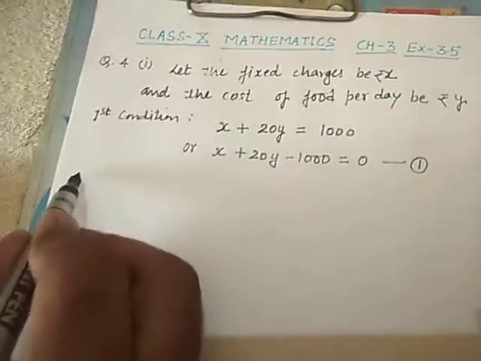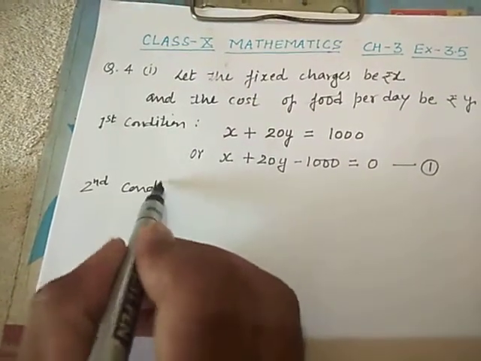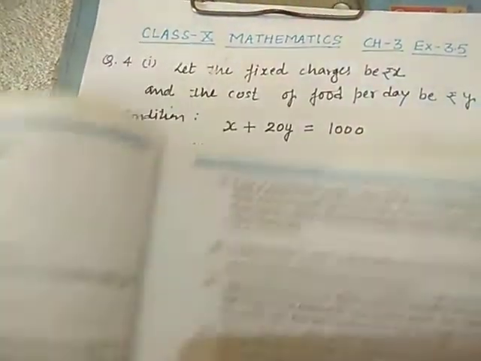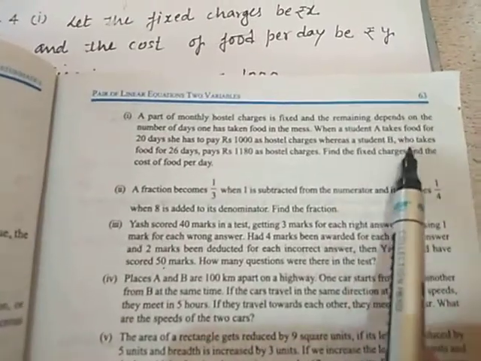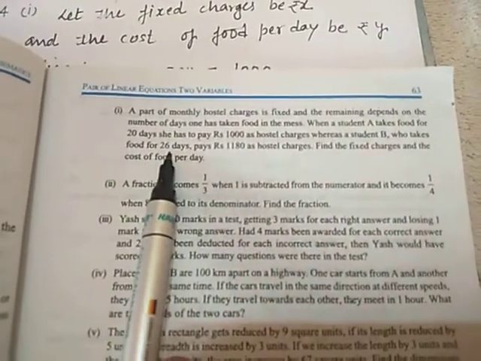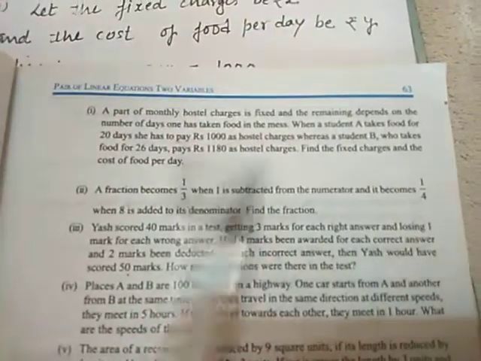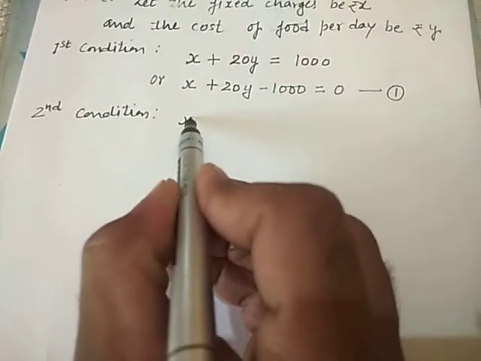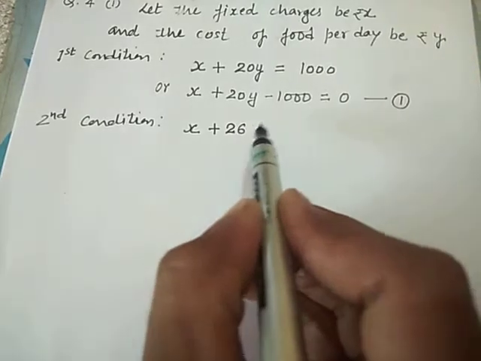Similarly, second condition is here. Second condition is, a student B who takes food for 26 days pays rupees 1180 as hostel charges. So here equation will be as fixed charges is x and the food taken is for 26 days.